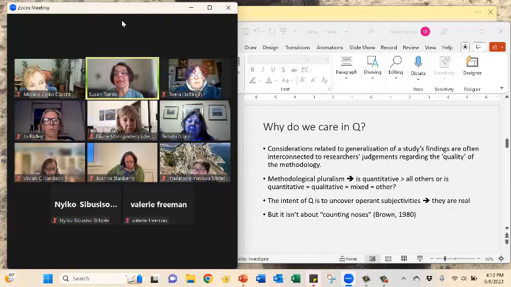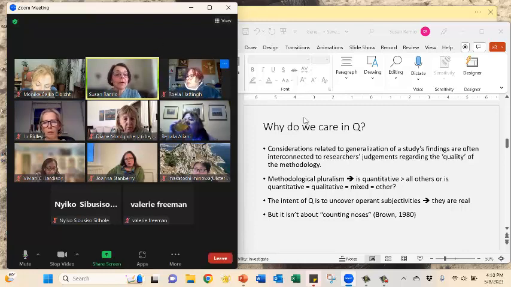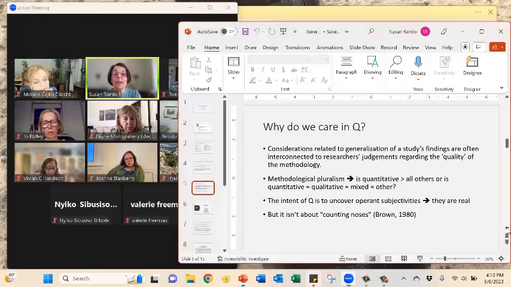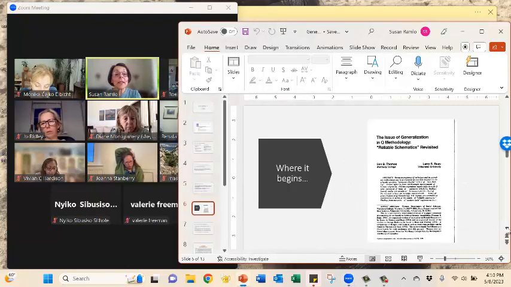So the intent of Q is to uncover operant subjectivities. They're real. They exist in the real world. And we're not interested in counting noses, again, from Steve Brown. So why can't we generalize in Q? And the upshot is that we certainly can.